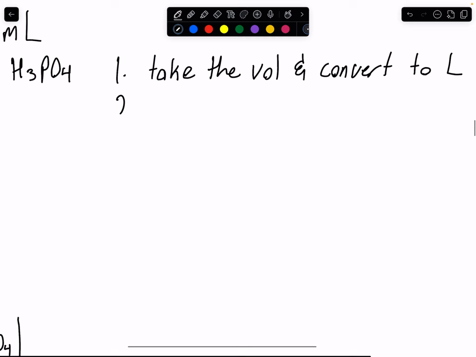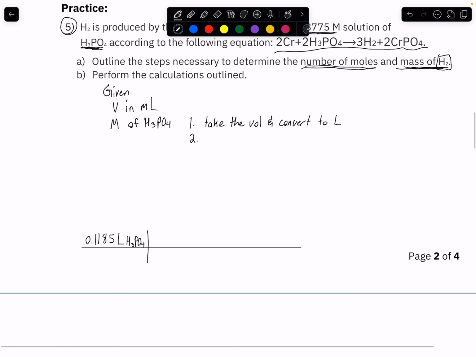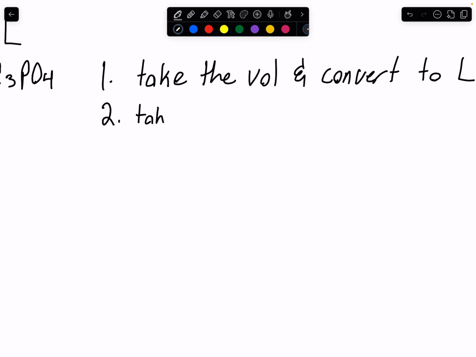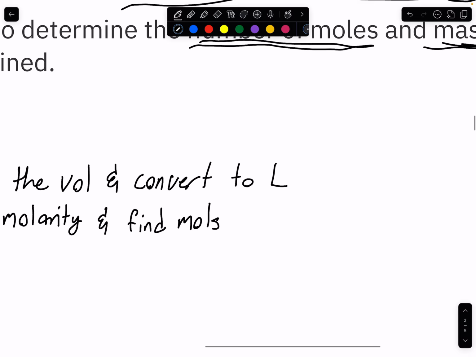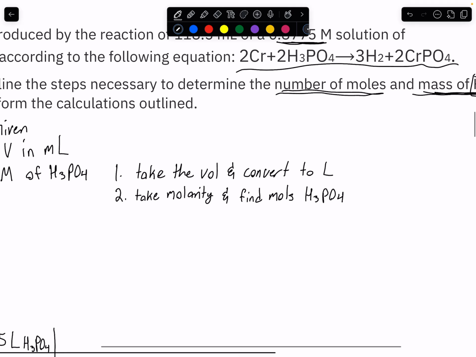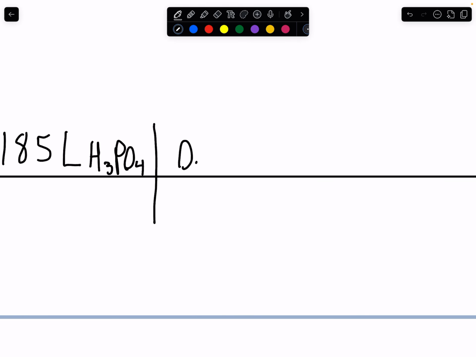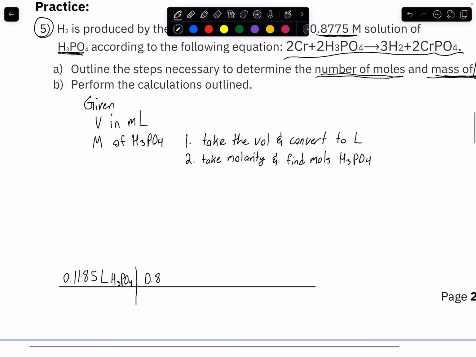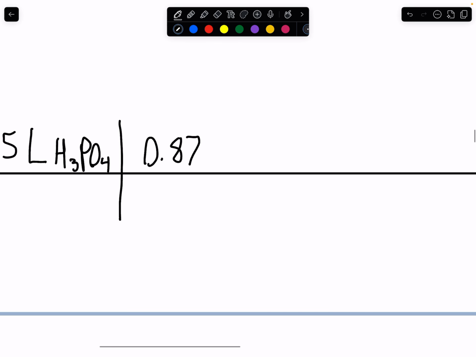Next, step 2, we're going to take the molarity and find moles of H3PO4. So our molarity is 0.8775. I keep messing up the numbers, but 8775.